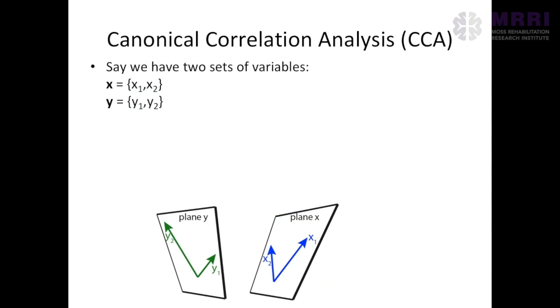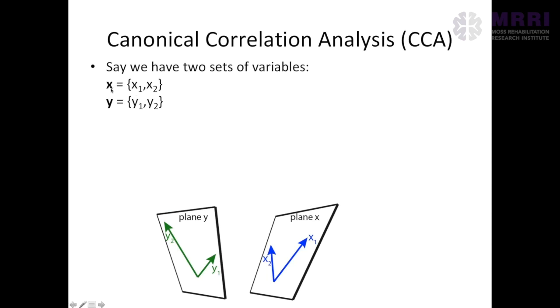We're going to start out talking about canonical correlation analysis, which is the mathematical basis for SCAN. Let's imagine that you have two sets of variables. I'm not talking about two sets of subjects, for example, but two sets of variables that you're interested in. These variables could be two behavioral scores or two voxels in your map.